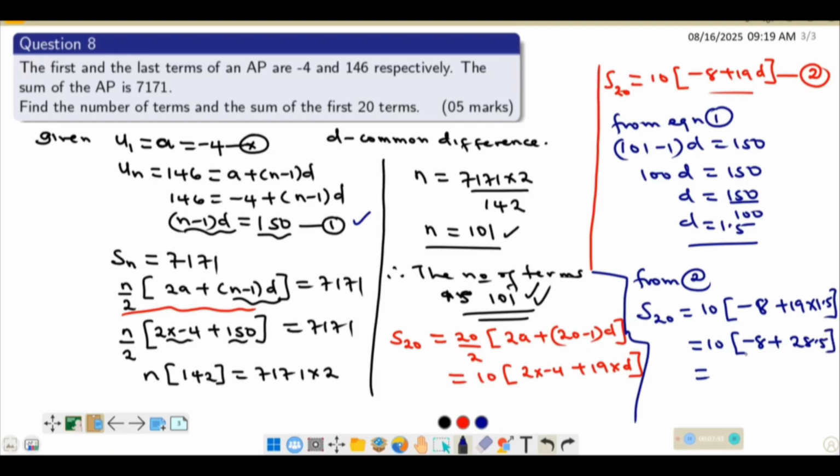Simplifying, we have 10 into 20.5, and this gives you 205 as the sum of the first 20 terms.